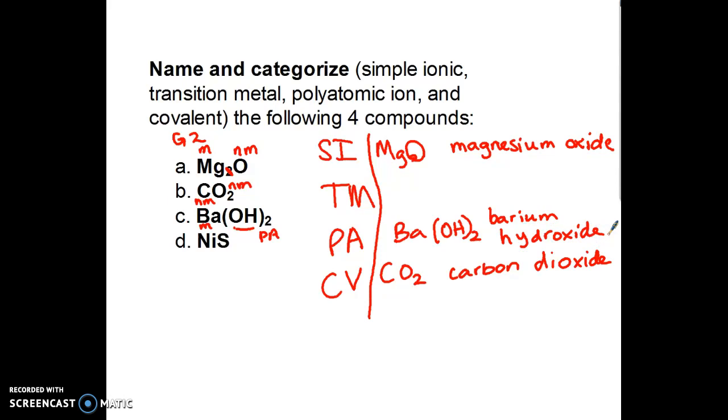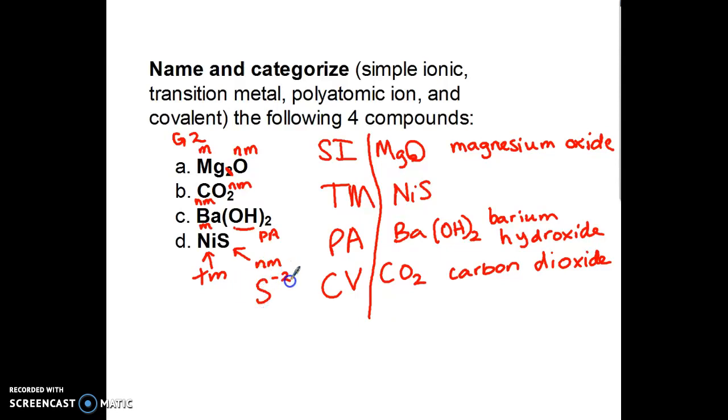Alright. Finally, we are coming to the last one. This one has nickel, which is a metal, but it's a special kind of metal. You'll find it in the D block. It is a transition metal with sulfur, which is a non-metal. So therefore, this must be our transition metal ionic compound, NiS. The name of this is going to have to include the charge, so we're going to have to evaluate that real quick. S, our non-metal, sulfur, is in group 6.